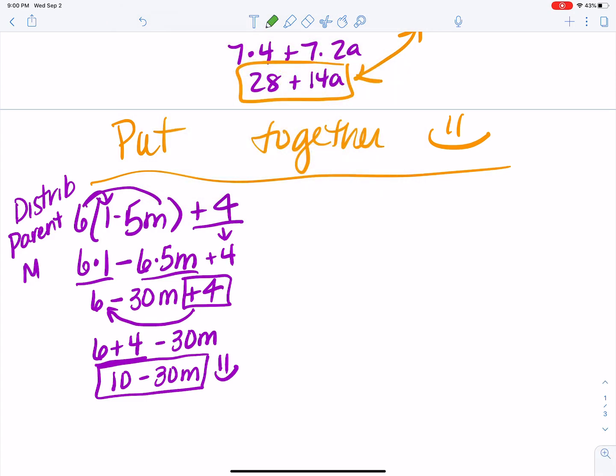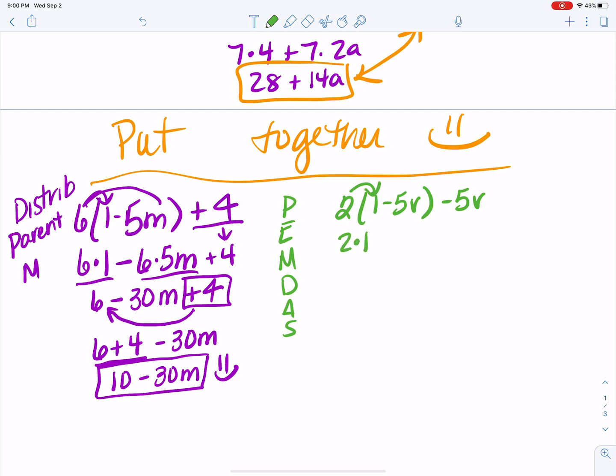New color. 2 times 1 minus 5v, minus 5v. Still going to start out with parentheses. So that would be 2 times 1 minus 2 times 5v, minus 5v. Then we go to multiplication. 2 minus 10v minus 5v.